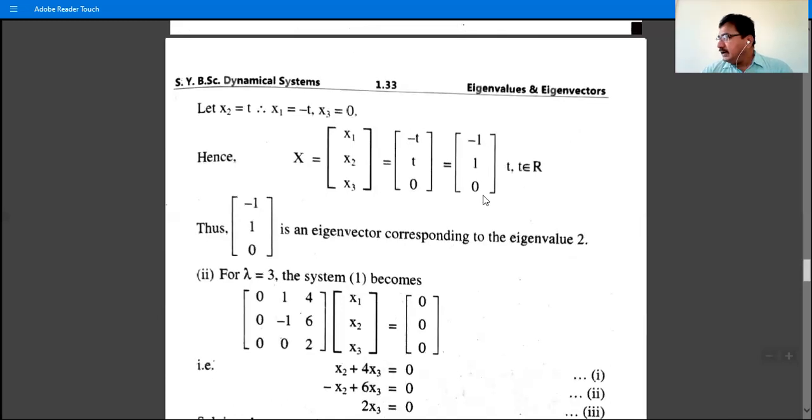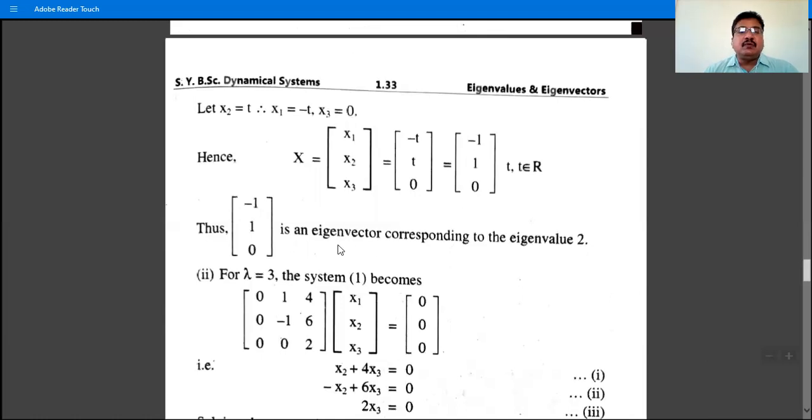So we have infinitely many eigenvectors corresponding to eigenvalue lambda, but this is the only linearly independent one. All the remaining depend on this. So write this sentence as: minus 1, 1, 0 is a linearly independent eigenvector corresponding to the eigenvalue lambda is equal to 2.